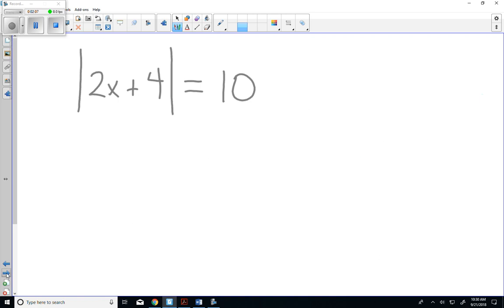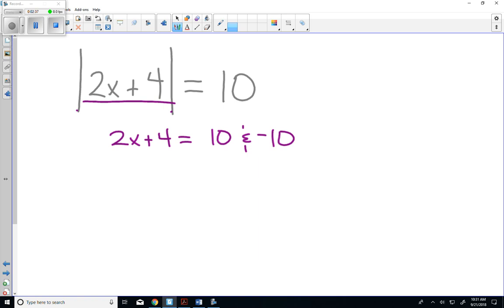If we were going to solve an equation dealing with 2x plus 4, and the absolute value of it equals 10, because the absolute value is around this whole entire expression, you first have to get rid of the absolute value symbols to have 2x plus 4 equals 10 and -10. Now that's one way to write it.